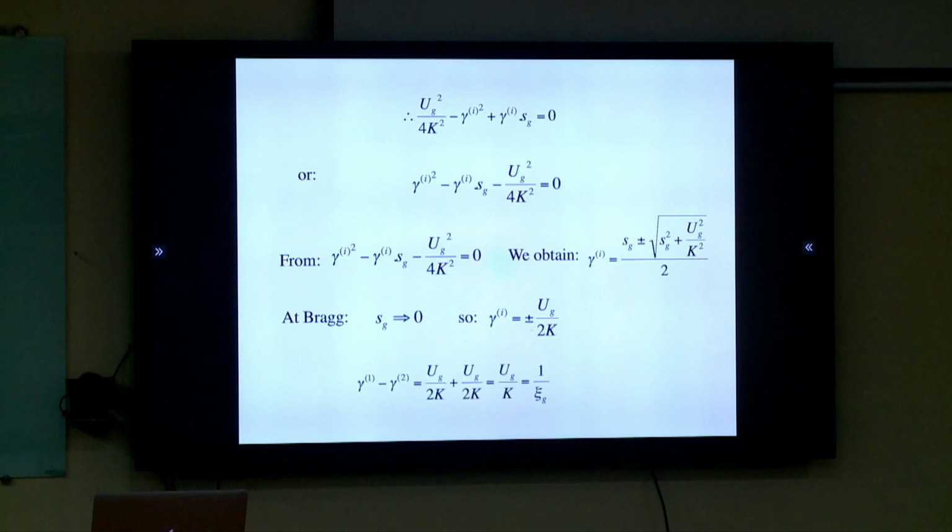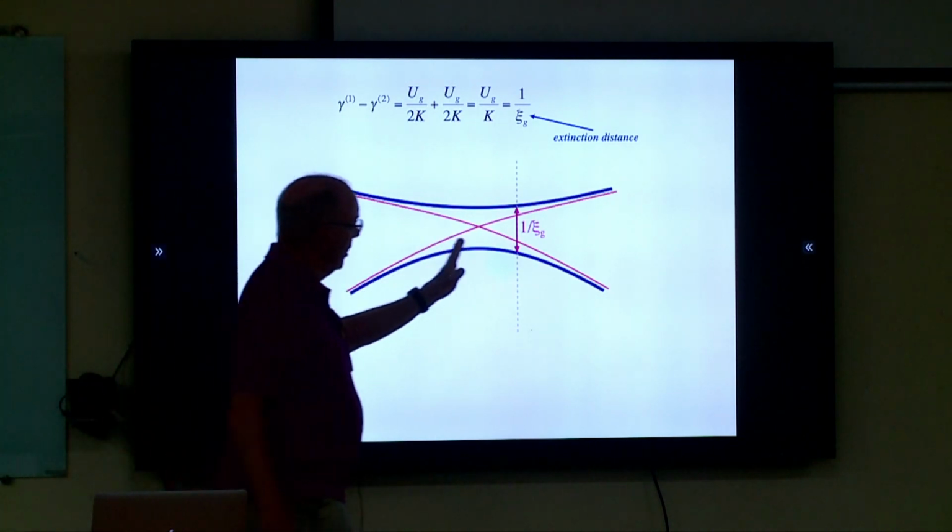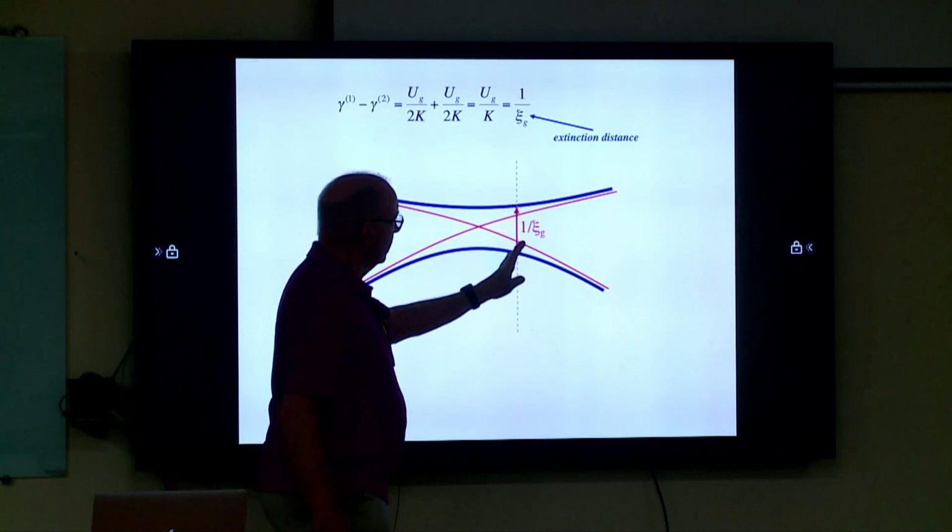All right, so then gamma 1 minus gamma 2 will end up equaling 1 over the extinction distance. And you know the extinction distance is going to have something to do with the periodicity of these fringes that we've seen in the images. And so at this deviation from Bragg, this would be 1 over the extinction distance.